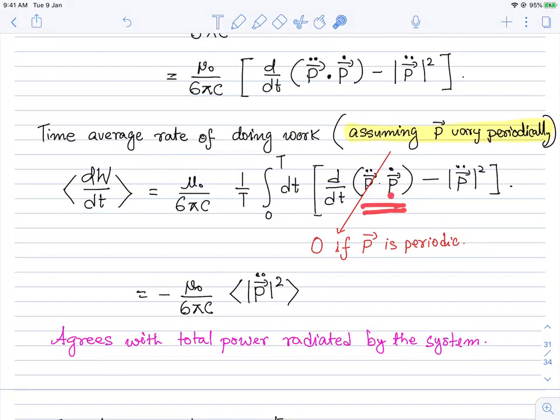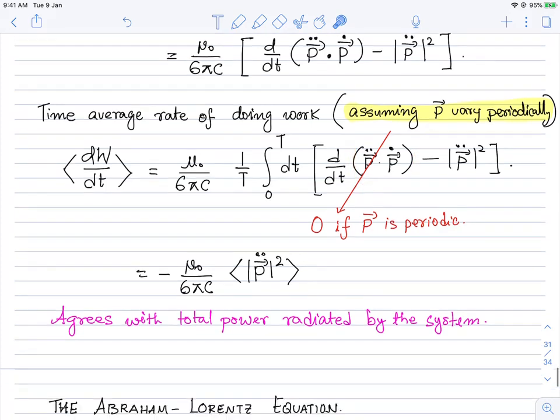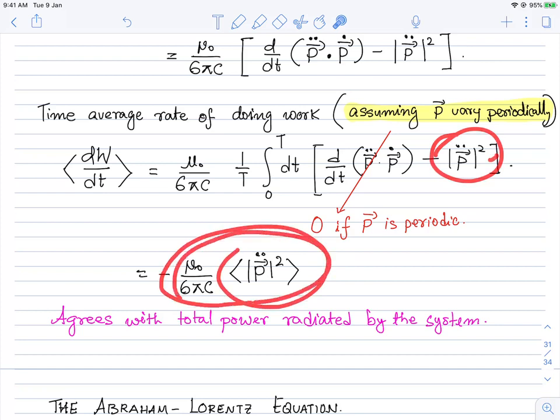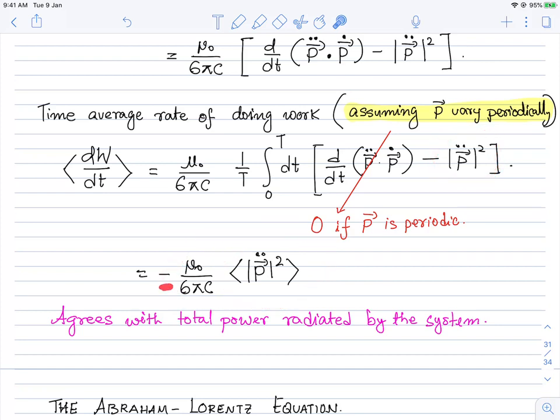If P is sine, then P dot and P double dot are all sines, so this integral will be this evaluated at 0 and T, and it will vanish because of the periodicity. Another term remains, which is the time averaging of P double dot whole squared, and as you can see, the sign comes out to be minus.